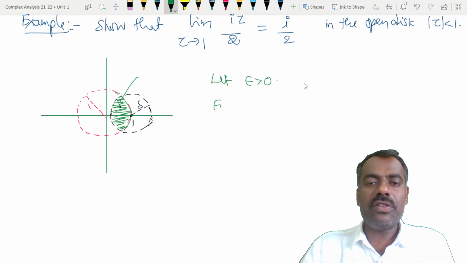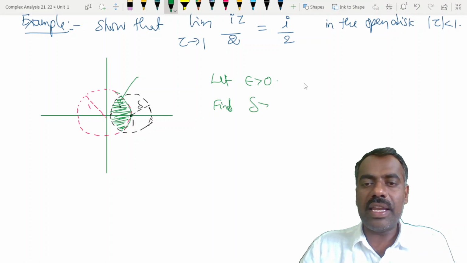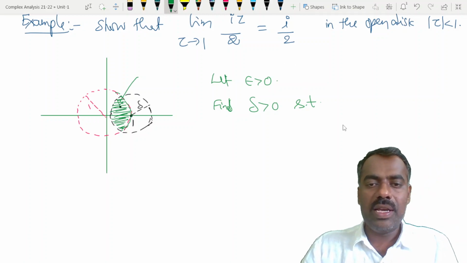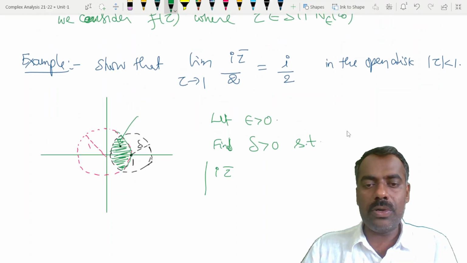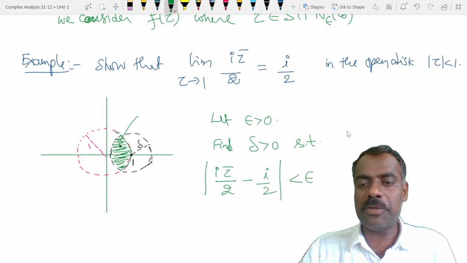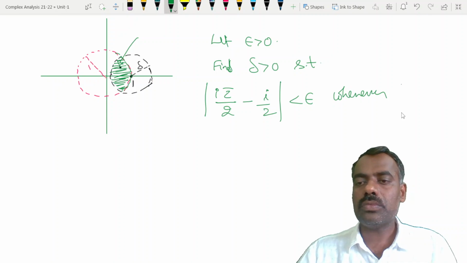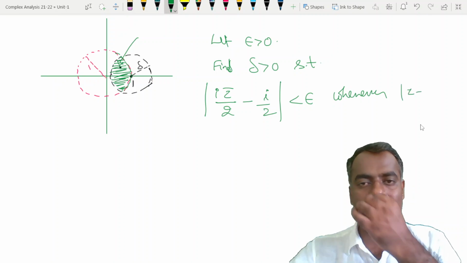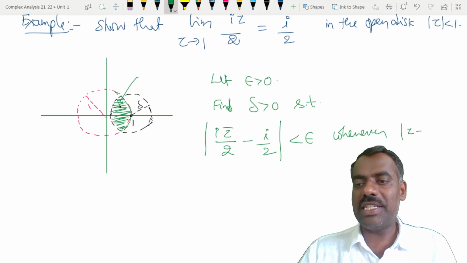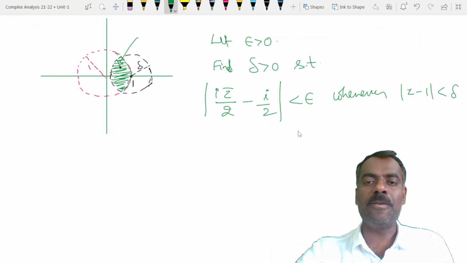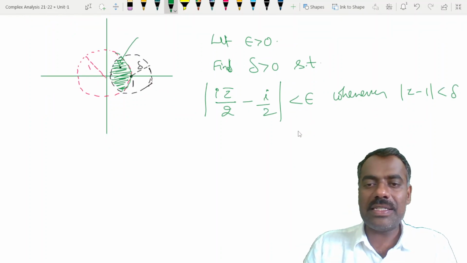We want to find a delta greater than 0 such that, to show that this limit holds, mod of f of z, which is i z bar upon 2, minus w naught, which is i by 2, is less than epsilon whenever mod z minus z naught, our z naught is 1, is less than delta. Is this clear? But that is the same as simply simplifying this. What is this value?